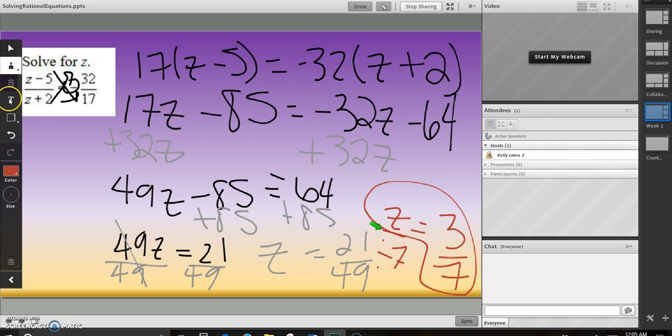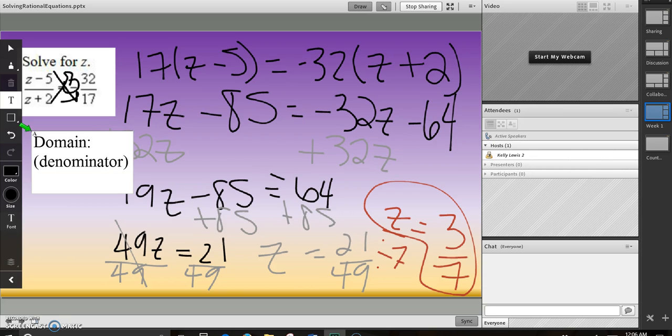Okay, we forgot the domain. Denominator, domain, denominator. The denominator was z plus 2.